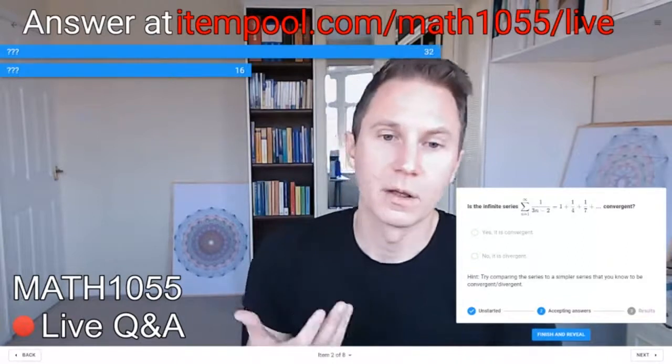So you would expect it to behave similarly to the harmonic series, which is just the sum of reciprocals of positive integers. So try comparing it to the harmonic series or some multiple of the harmonic series, because if you can compare it to a series like that, you might be able to say, okay, because the harmonic series is divergent, this series must diverge as well.